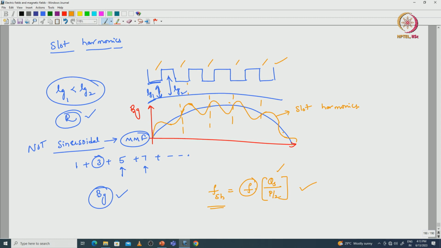So, slots per pole pitch gives the frequency with respect to the slot harmonics, and the order of slot harmonics is equal to 2 into Qs by P plus or minus 1. This is the order of slot harmonics, n slot harmonics. Okay. Based on this equation, we can find what is the dominant slot harmonic.